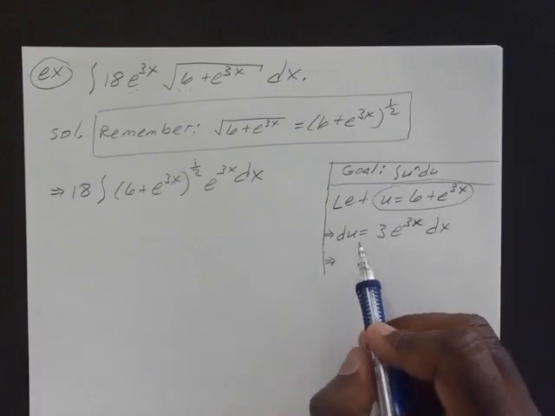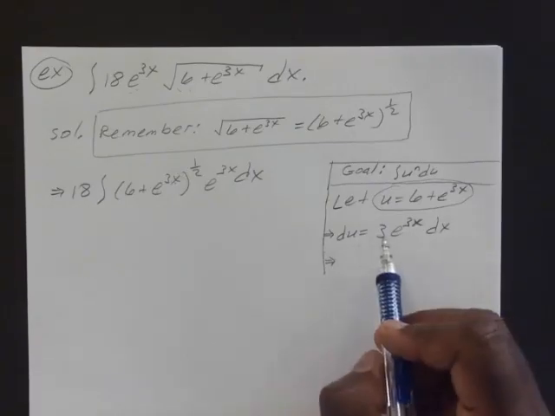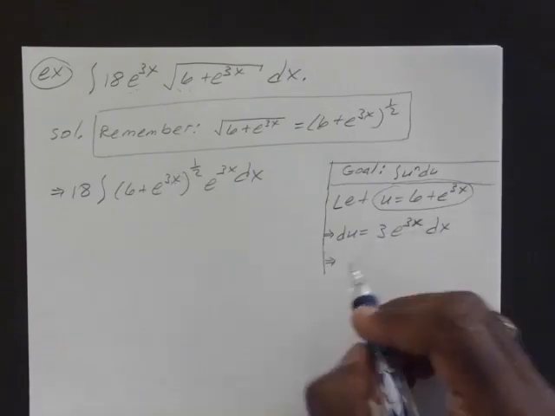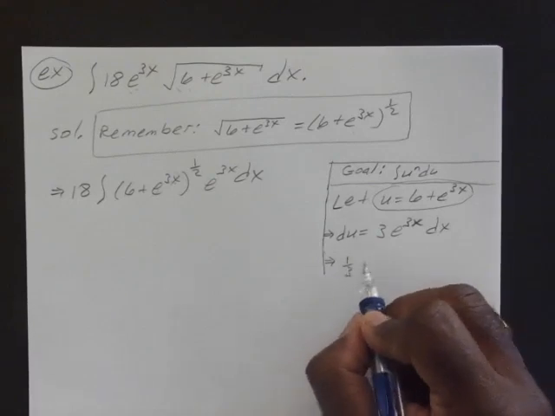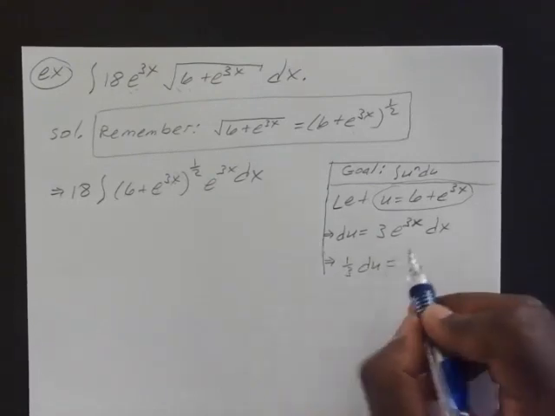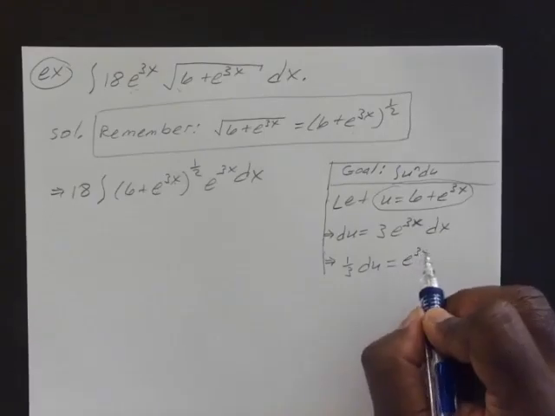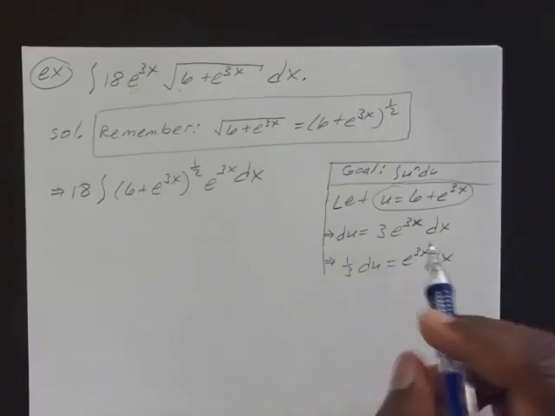So if we multiply both sides by 1/3, or divide both sides by 3, we get 1/3 du is equal to e to the power of 3x dx.